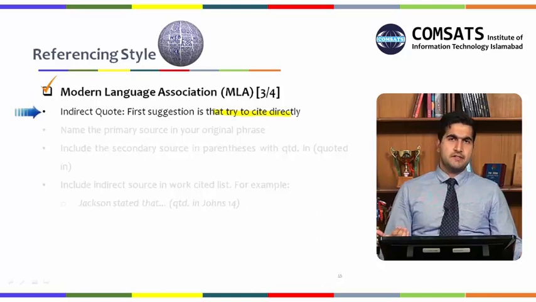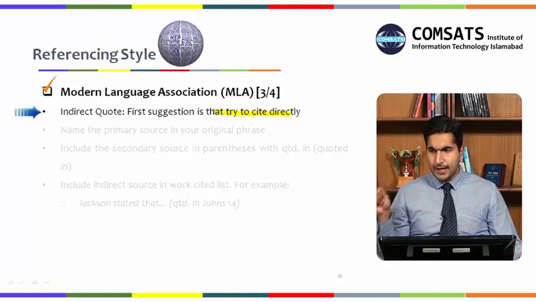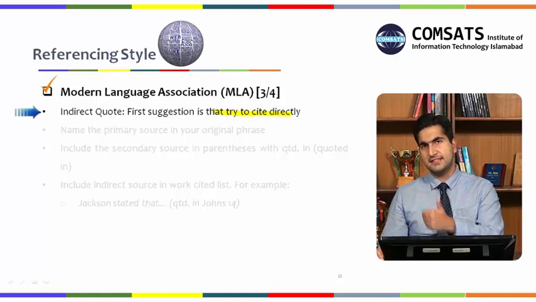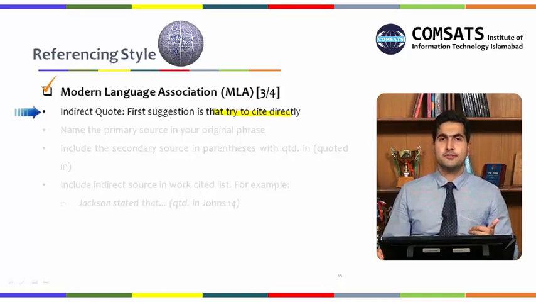What do we mean by an indirect quote? If another author has actually read the source, and rather than looking at the material of the original source, you look at the other author who has searched for that original source, that author you are referring to is the secondary source, and you become like a tertiary source.